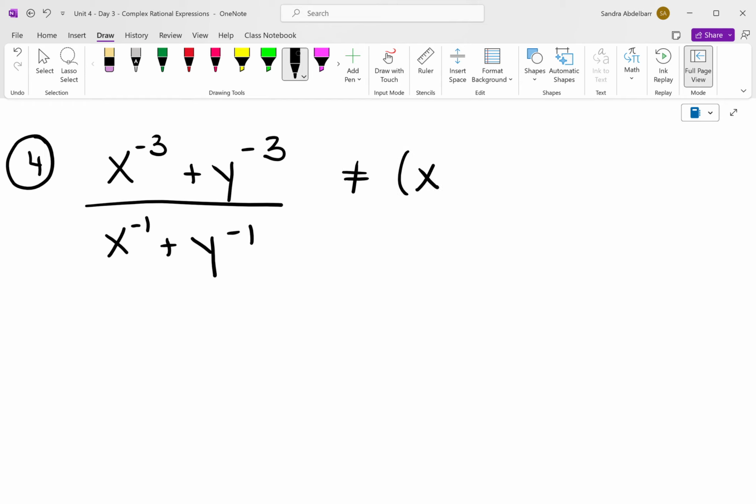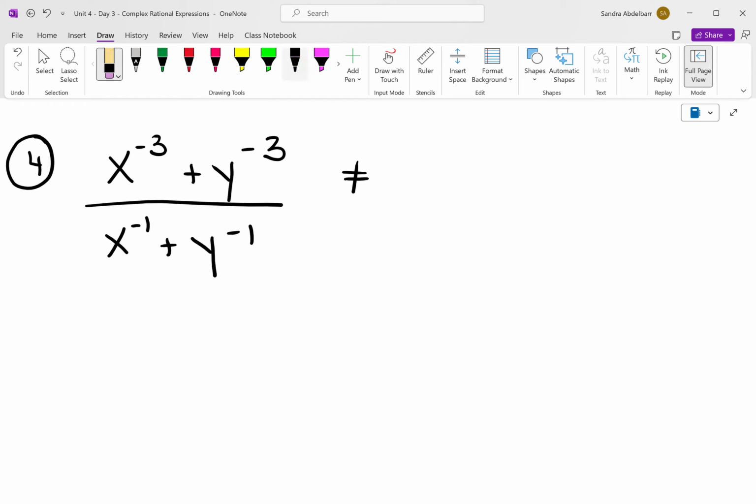No. So this is not the same as this. If this were written so the whole expression gets raised to the negative first power, then you're going to flip it to the bottom. But this is saying just the x has the negative third power. This is just the y has the negative third power. That is not the same.